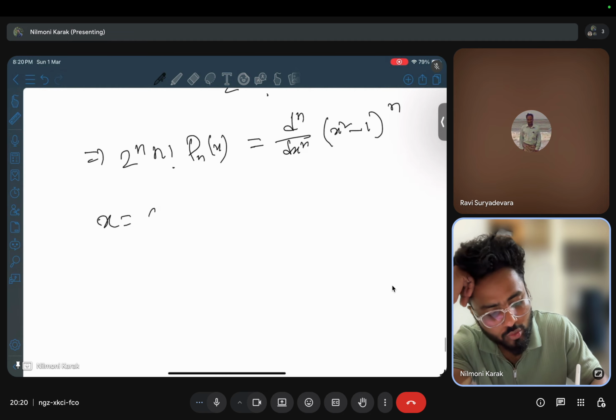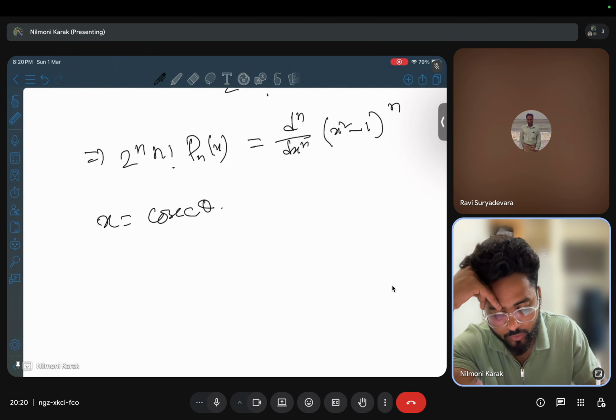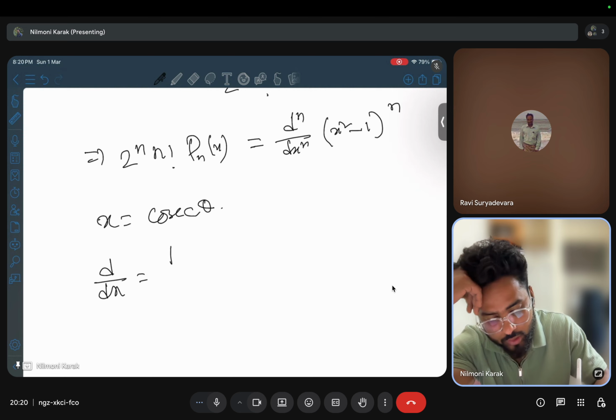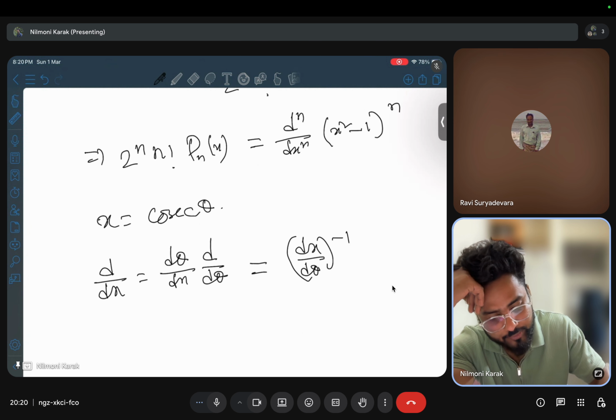So d/dx equals d theta/dx times d/d theta, and dx/d theta inverse.